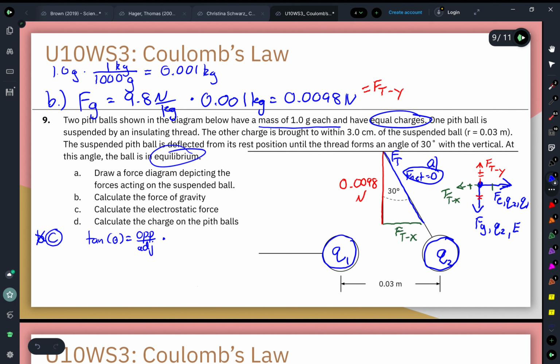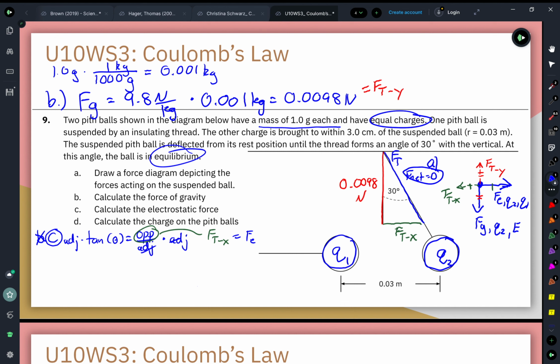Opposite is what we're looking for, so we would multiply both sides by our adjacent to get the opposite by itself. And that opposite is going to be the same thing as our force of tension in the x direction, which is the same thing as our electric force.